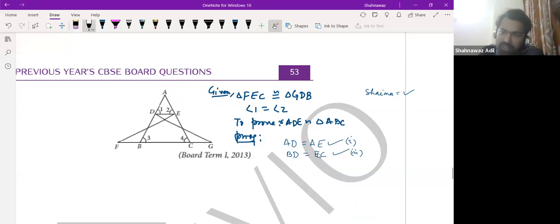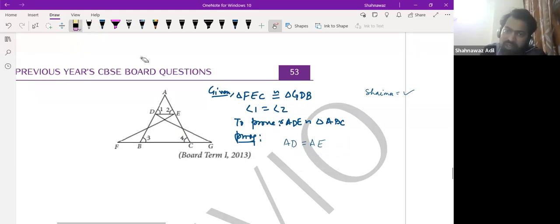Okay, you did the SAS method. So to do the SAS, we have to sum these two things, right? Then we will get AB equal to... So we already got that angles 4 and 3 are equal, so we will not need BD and EC.